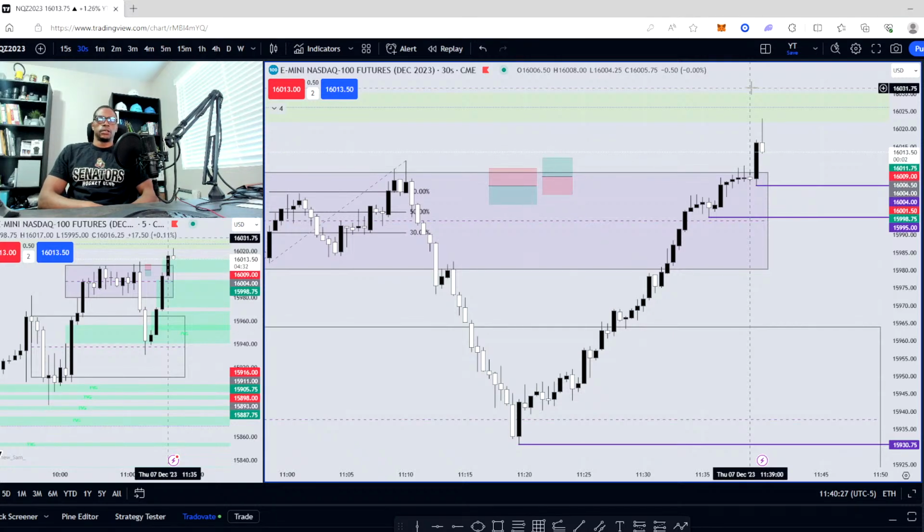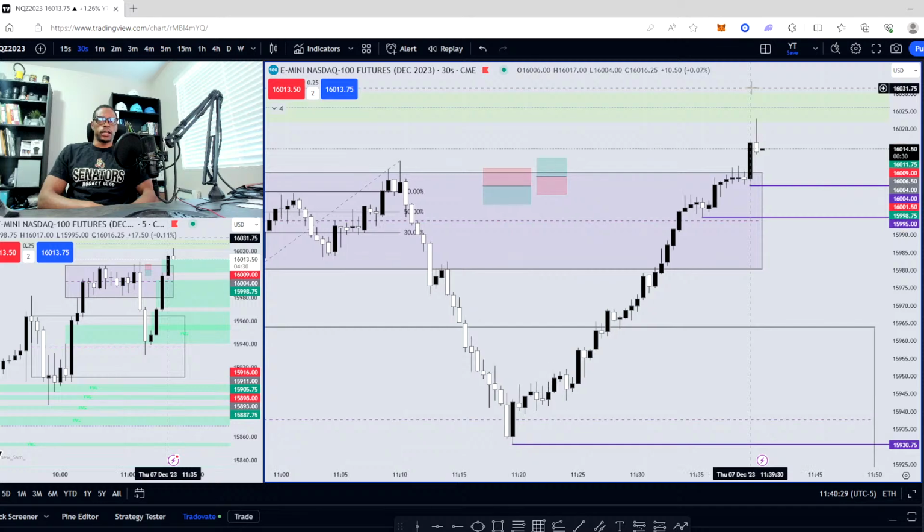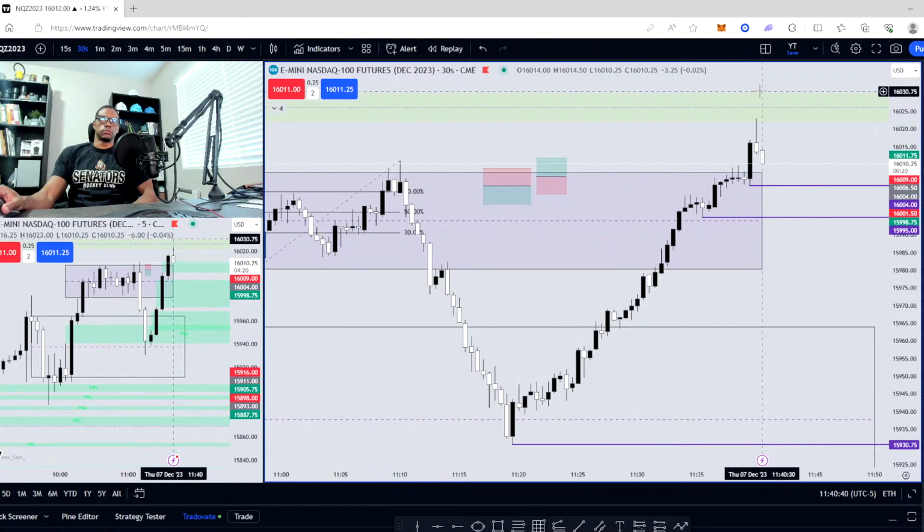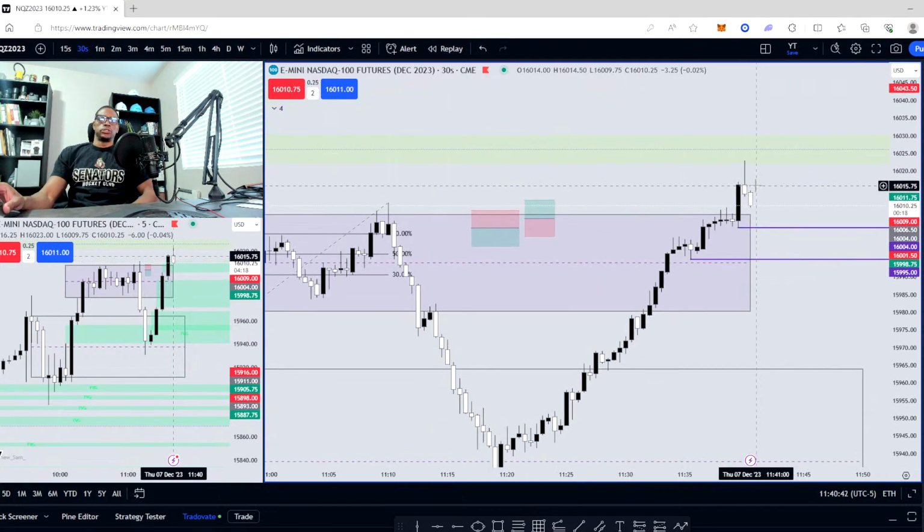So this is from 1700 on Friday until the opening at 1800 on Sunday. That gap is denoted by this green bar, which will remain the same for the week, and the new one will open up next week. But just like the new day opening gap, you see it return to that same area several times in the day. The new week opening gap will do the same. You'll see it return to this area multiple times within the week.